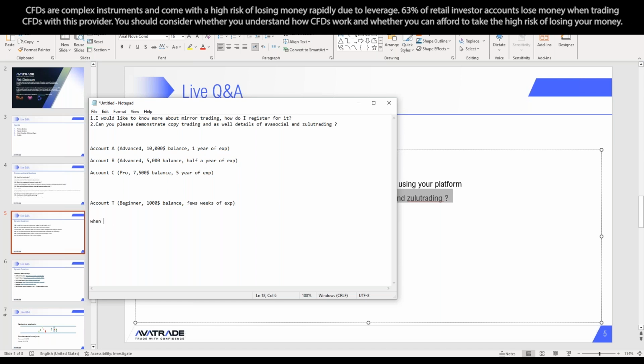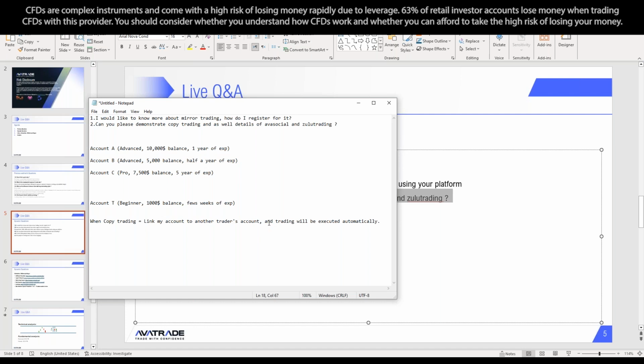Copy trading equals link my account to another trader's account, and trading will be executed automatically.